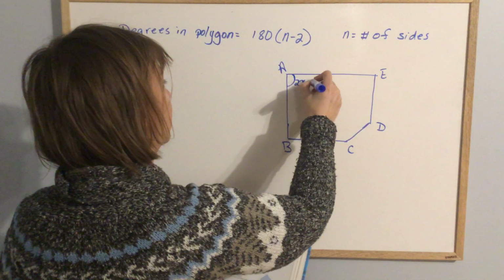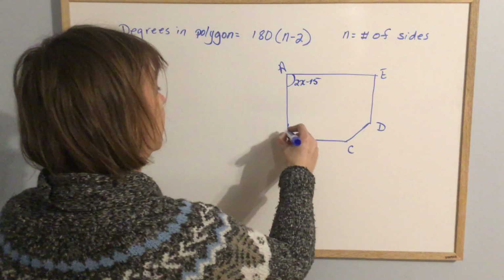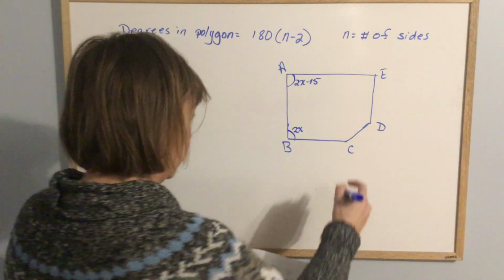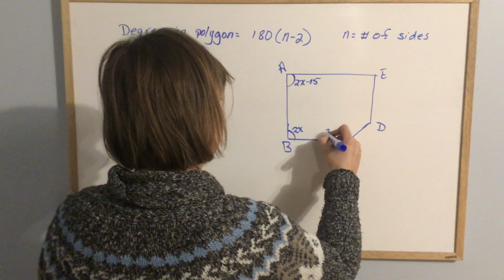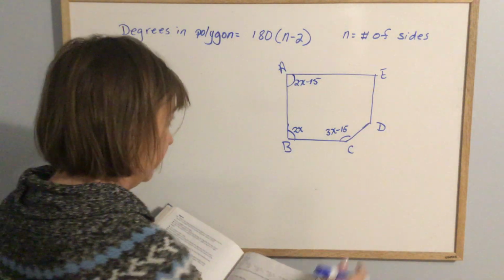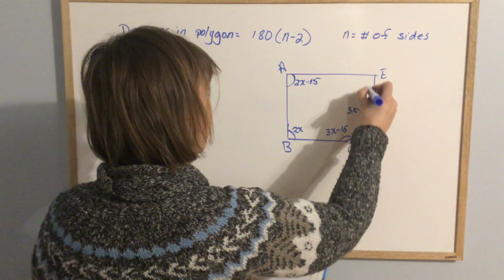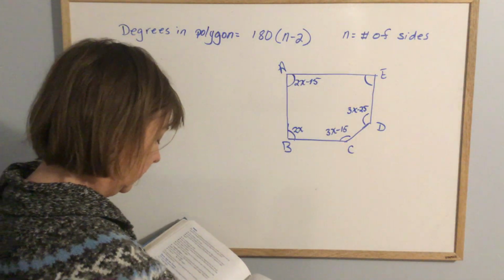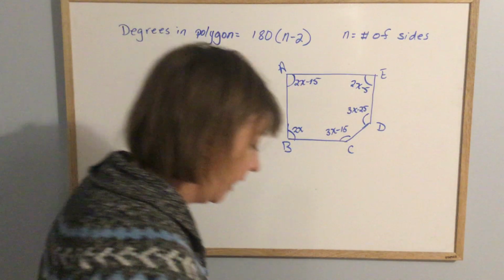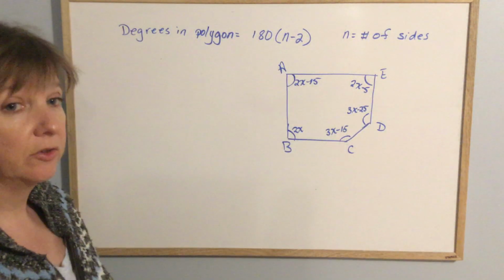They say this angle A is 2x minus 15, which doesn't make a whole lot of sense yet. Angle B is 2x. Angle C is 3x minus 15. Angle D is 3x minus 25. And E is 2x minus 5. It wants to know the measure of each angle.